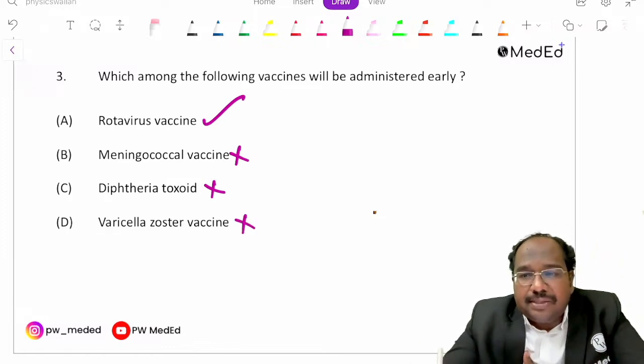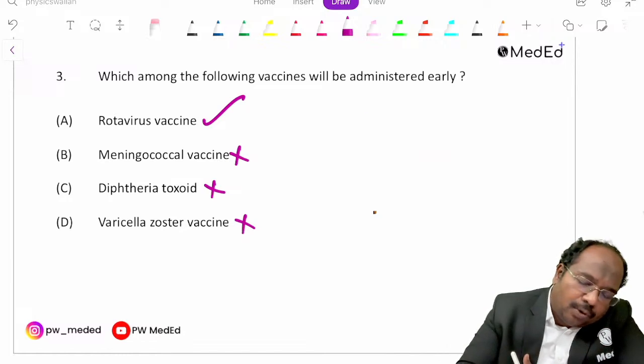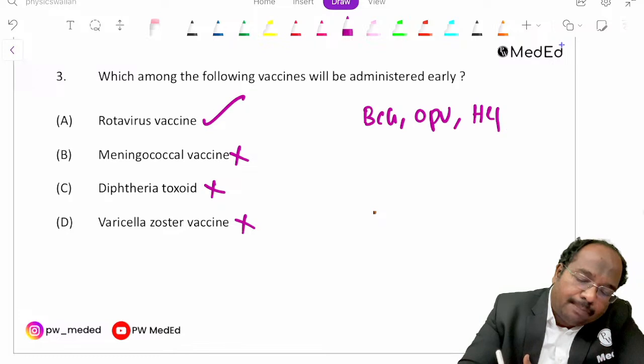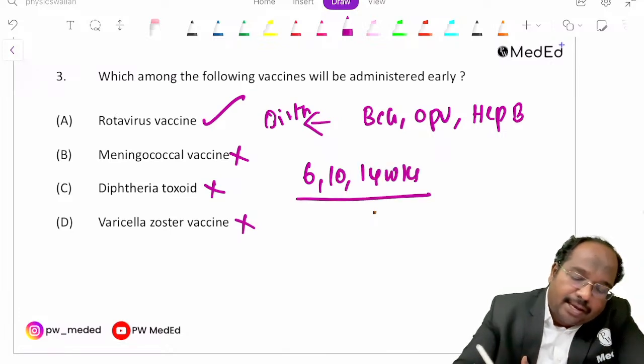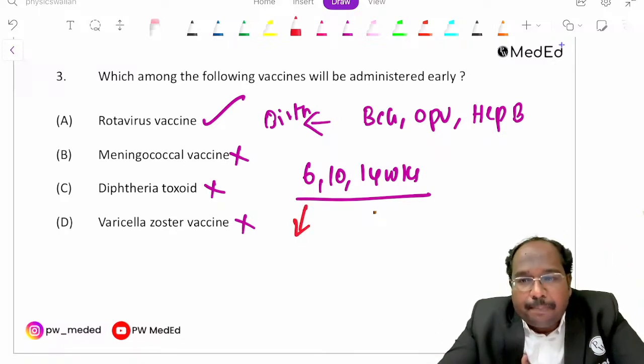So what we give at birth, you all know, is BCG, OPV 0 dose, Hep B. Then 6, 10, 14 weeks, we give all these vaccines. At 6 weeks we give rotavirus, pentavalent, OPV, along with IPV, along with pneumococcal.